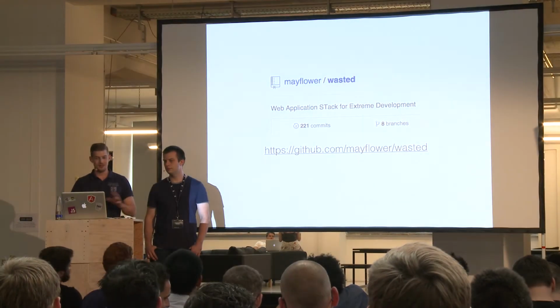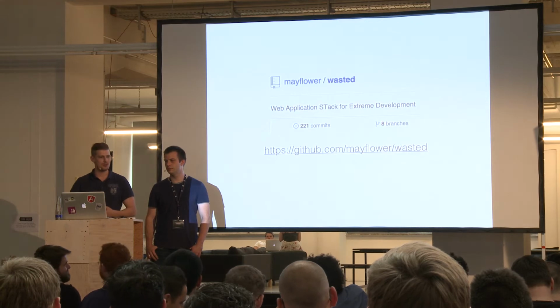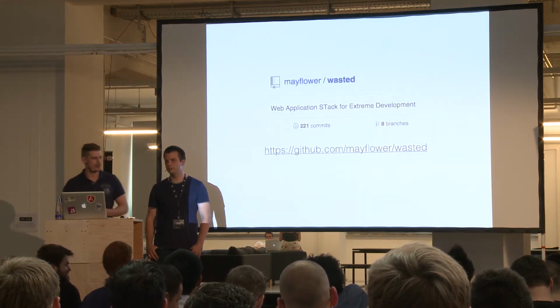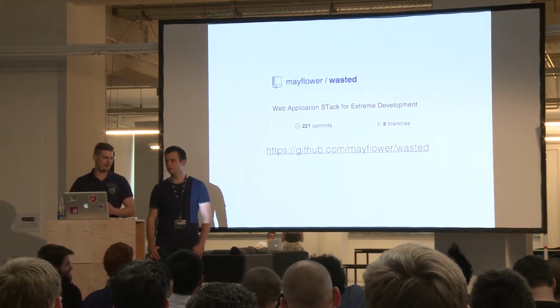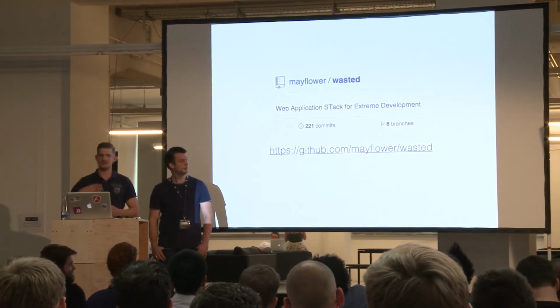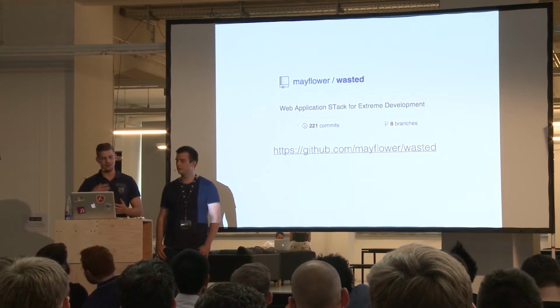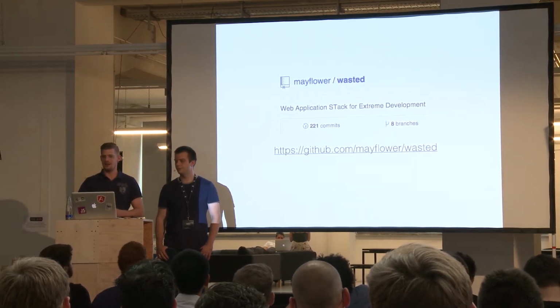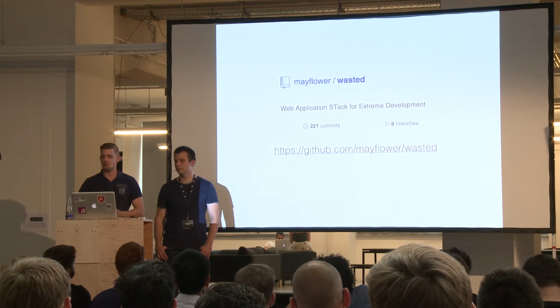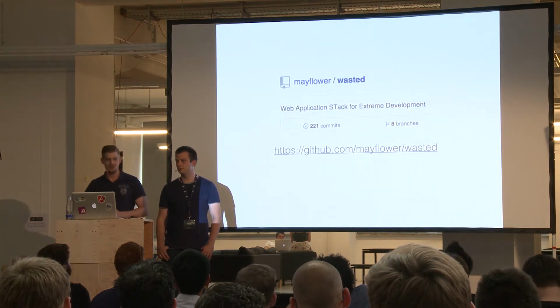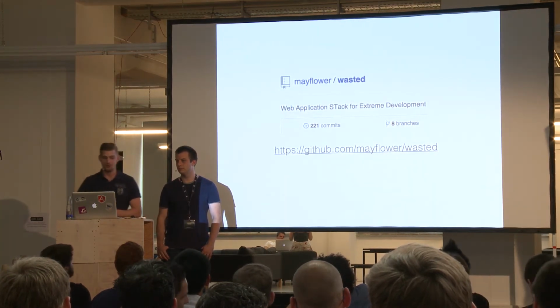Just an ad for one open source solution like these developer VMs. We collected the experience over the last few years setting up projects and building virtualized environments, and bundled this in Wasted. Wasted means web application stack for extreme development.